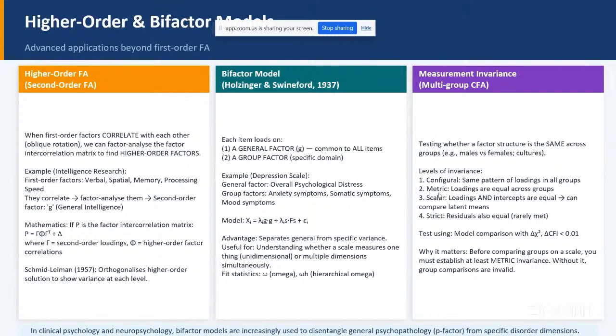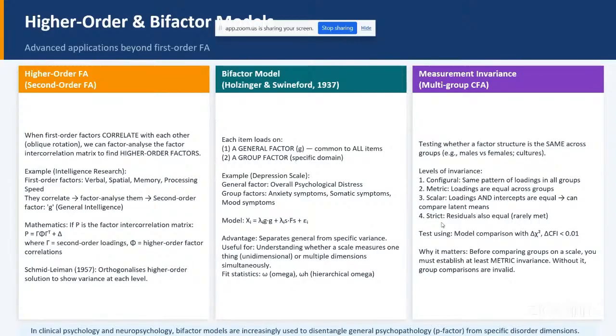in all the groups. Metric invariance is that loadings are equal across the groups. We are imposing some constraint for each of the scales, right? Configural, metric, scalar. When scalar invariance is met, loadings and intercepts are equal, and we can compare the latent factors.